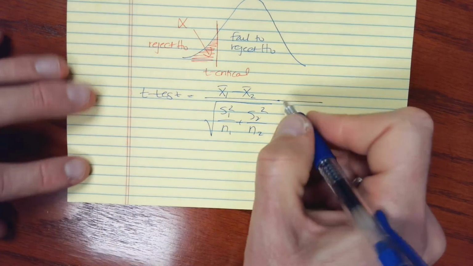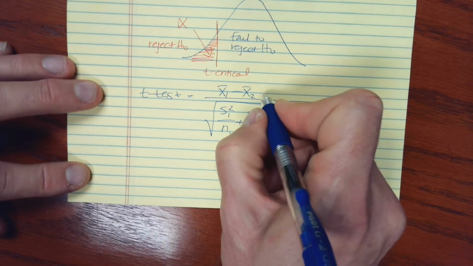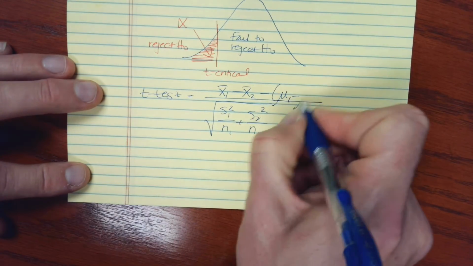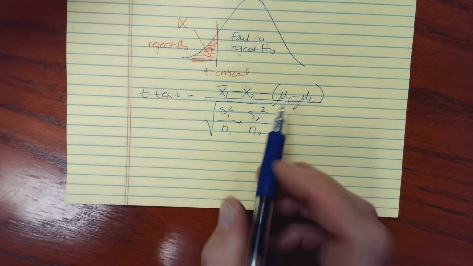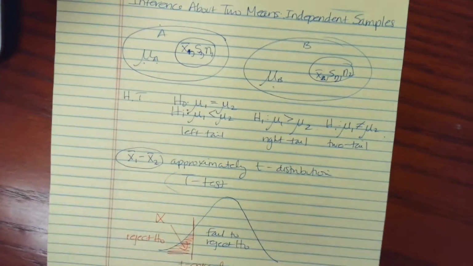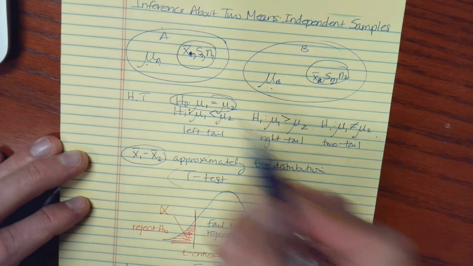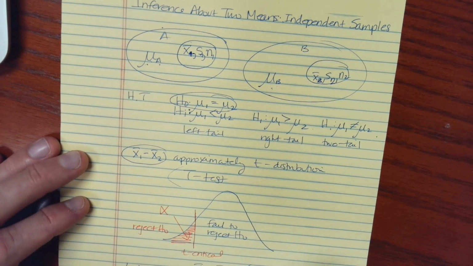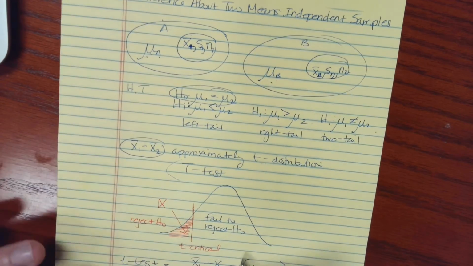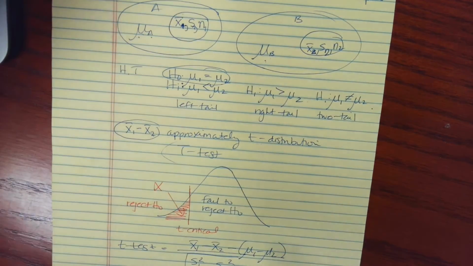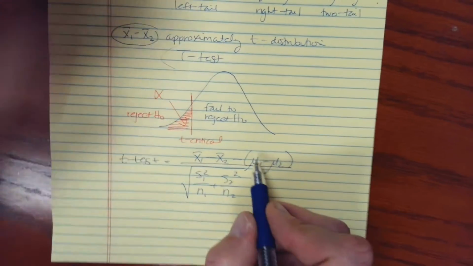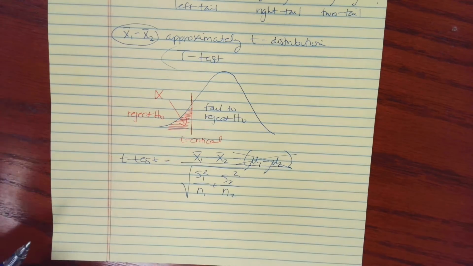Now technically there is another term here, mu1 minus mu2. Now, since the null hypothesis is usually that those two things are the same, then this difference is, in all the examples I'm going to be doing, just 0, and so we can just leave that off.